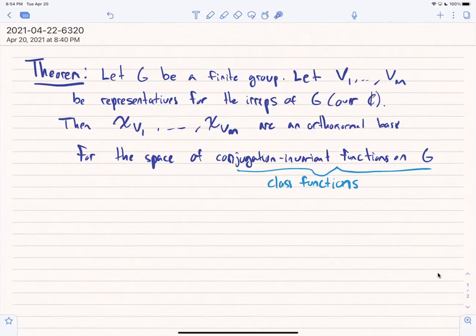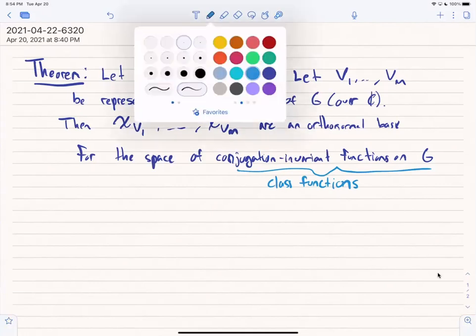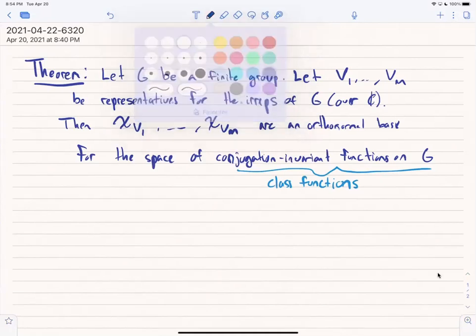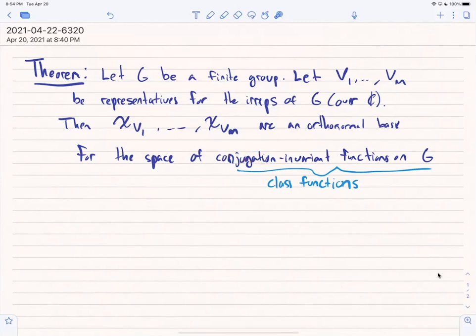We saw last time that the character is constant on conjugacy classes, because the trace of a matrix doesn't change if you conjugate the matrix. So that's the vector space, conjugation invariant functions on G. This is not complex conjugation, by the way, this is conjugation in the group.